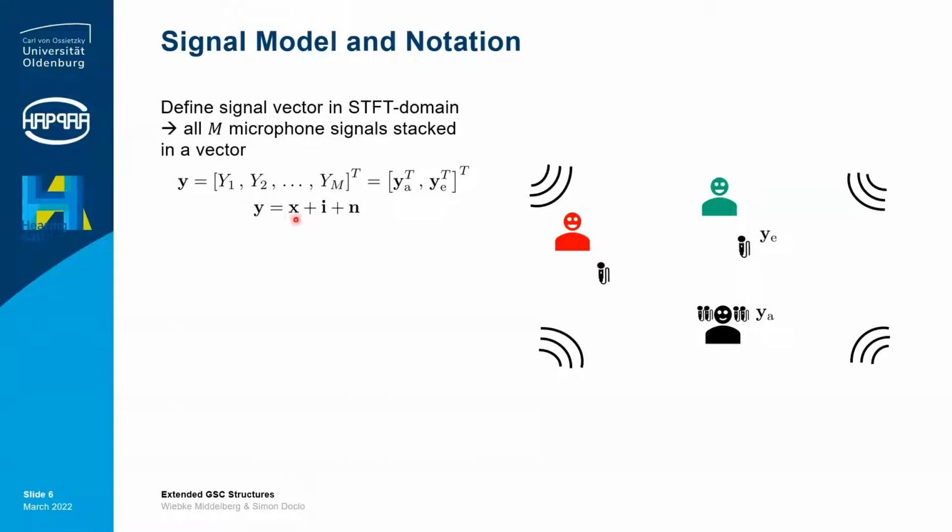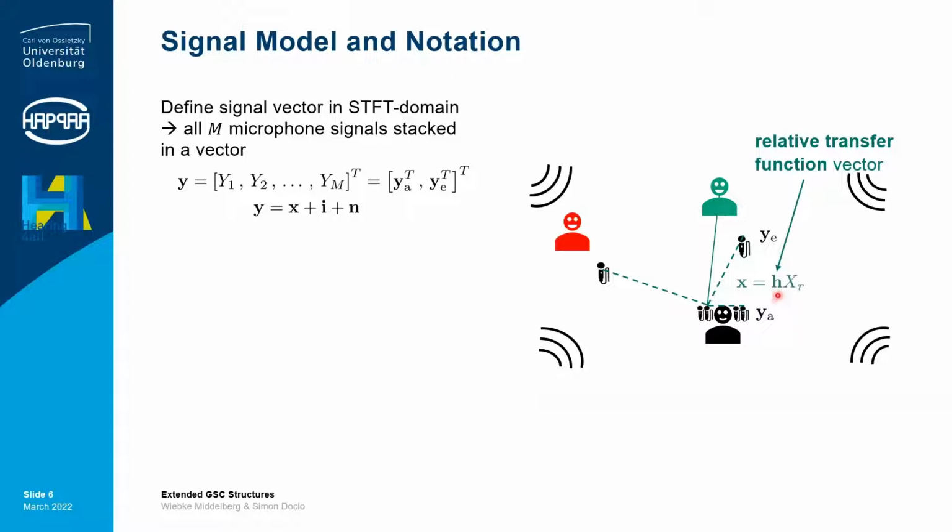For the target speech vector, we can write it as the target speech component in a reference microphone, multiplied by the so-called relative transfer function vector, or short RTF vector, which relates the target speech component in the reference microphone to all other microphones.